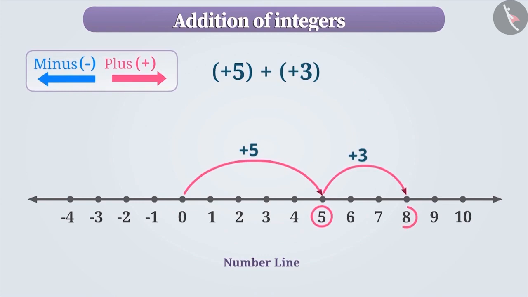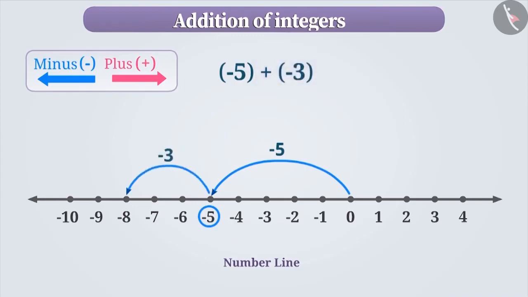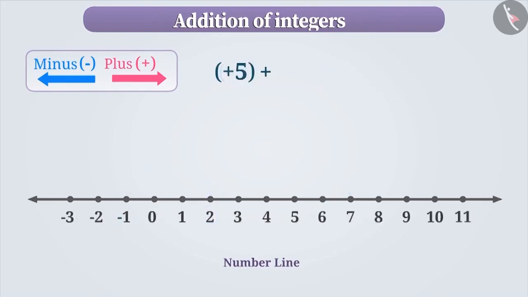Similarly, if we have to find the value of -5 + -3, move 5 steps towards the left of 0. And since the sign of the second integer is negative, move 3 steps again towards the left of the first integer. We now arrive at -8, which is the result of -5 + -3. Now suppose we have to find the value of +5 + -3 on the number line.